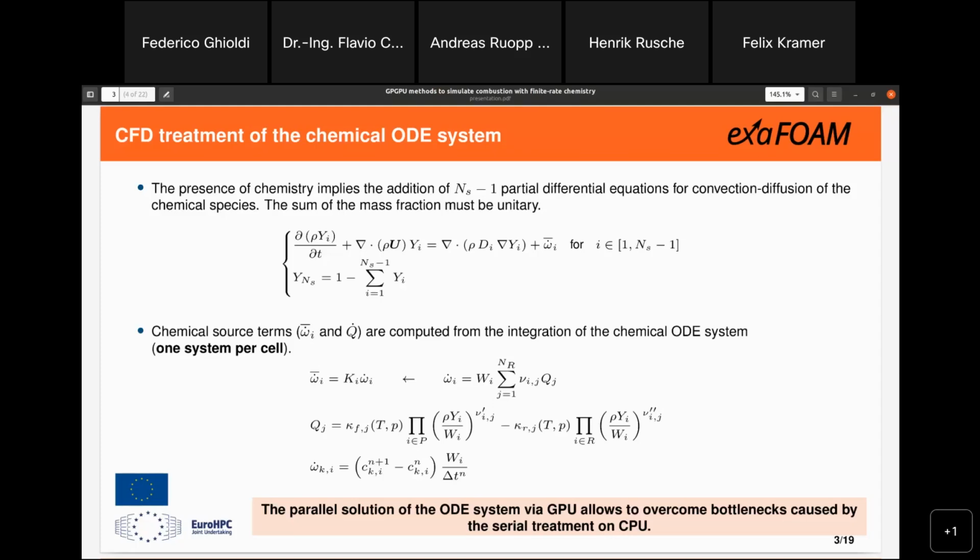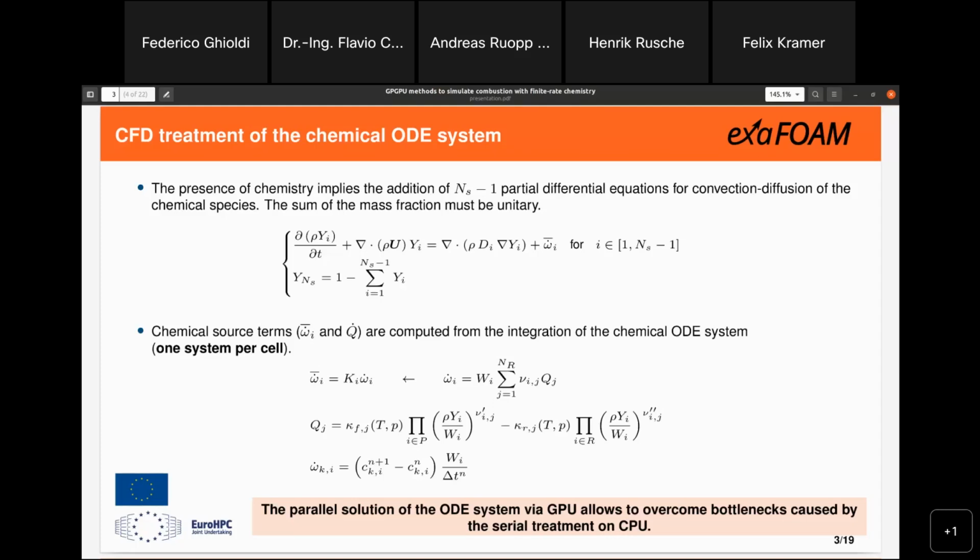I want to start by saying that, because we use the GPU, and it will be clear in a moment in which sense we use the GPU and what is the methodology that we implemented, as I said, you have two options, implicit ODE integrators and explicit ODE integrators.